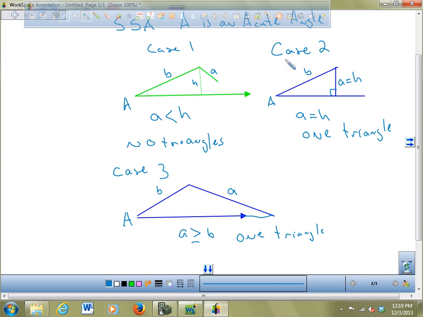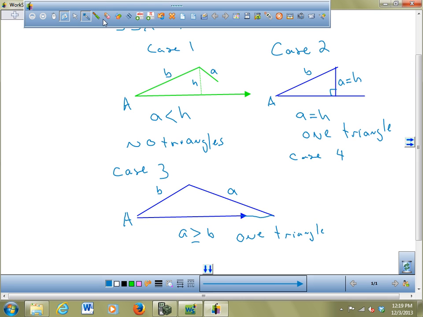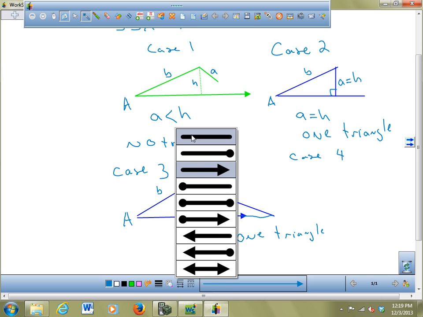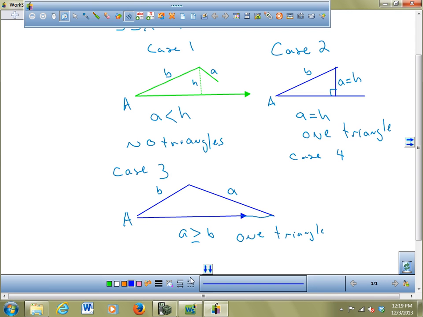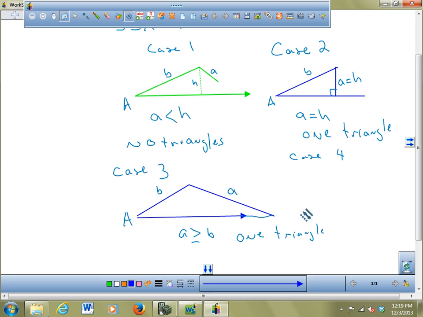Okay? And case 4 is when you have 2 triangles. So case 4, let's see if I can fit it in here. Case 4 is when you have a triangle. Oh, I don't want arrows on the end of my lines. So case 4 looks like this.